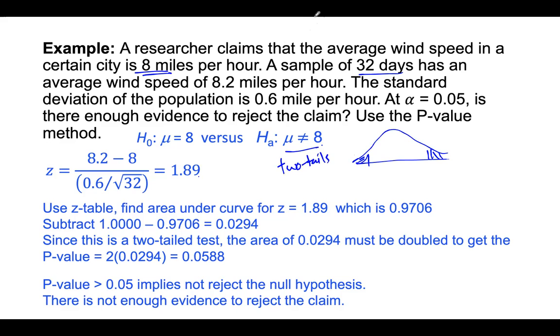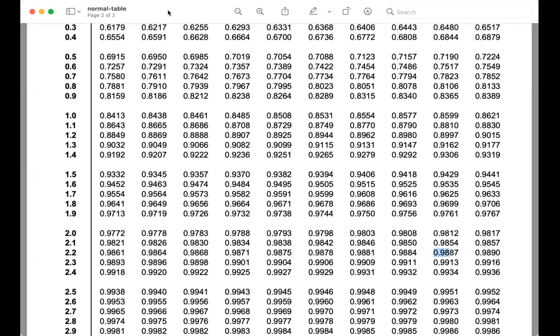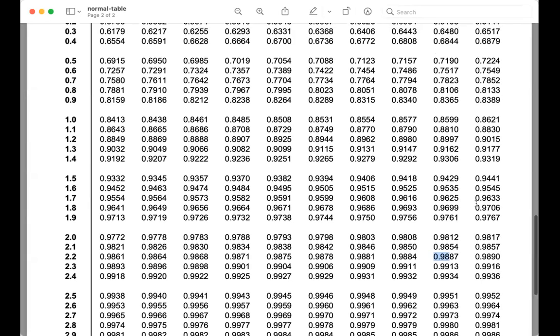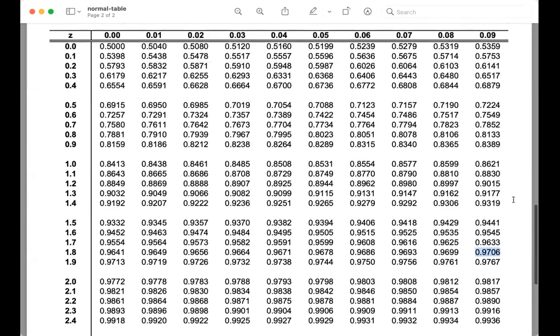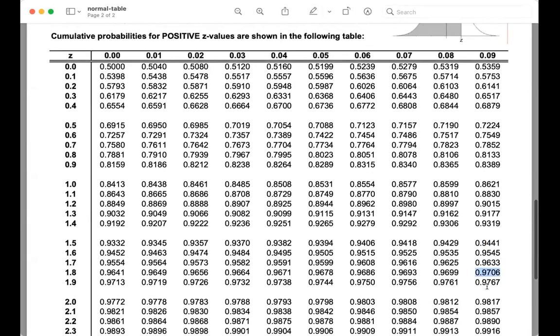So let's look that up. 1.89 right here. So 0.9706.